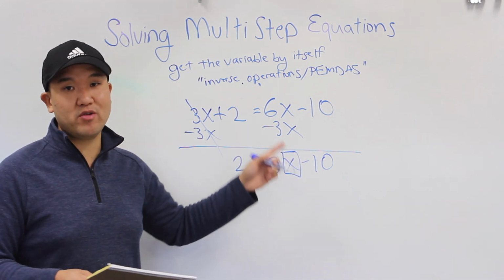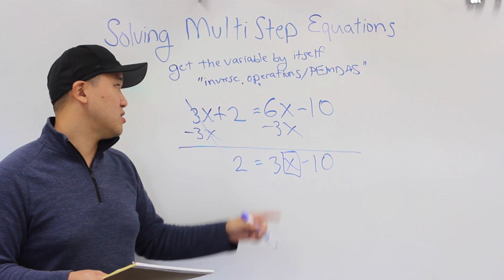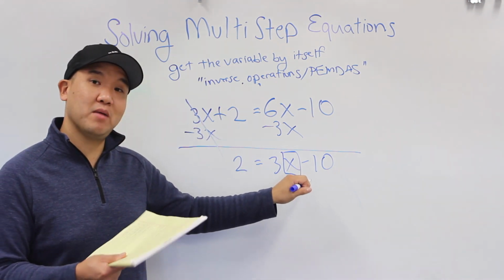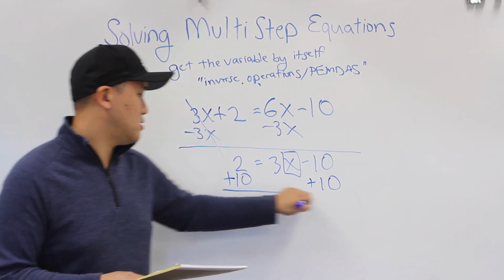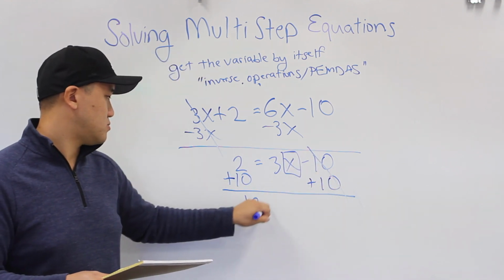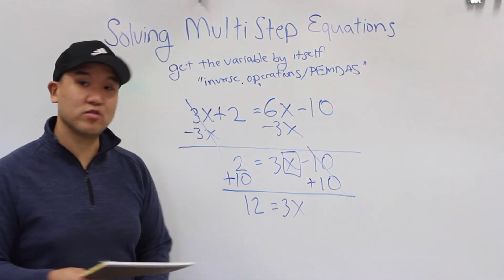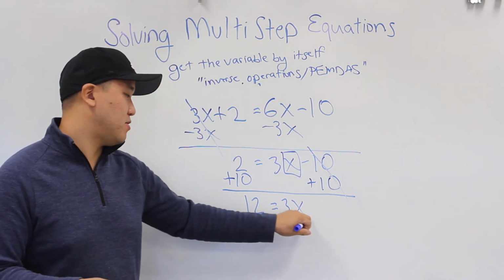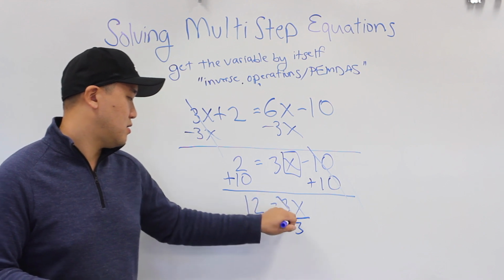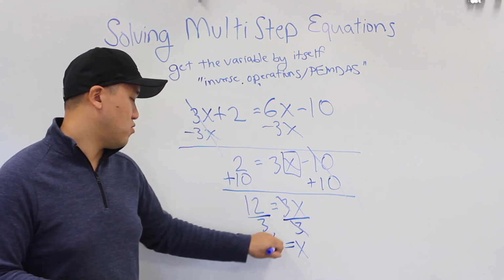It has a times 3 and a minus 10. So we have to do minus, plus first. How do you get rid of a minus 10? You add 10 on both sides. So you have 12 equals 3x. Is x by itself now? Nope. So we have to divide by 3 on both sides. So we have x equals 4.